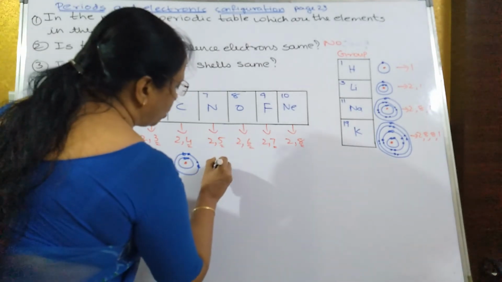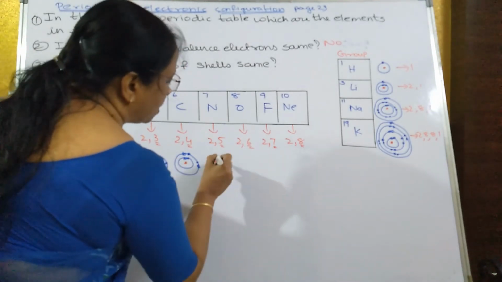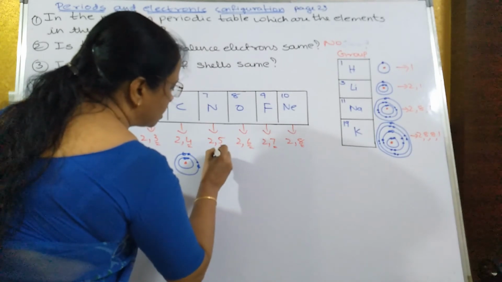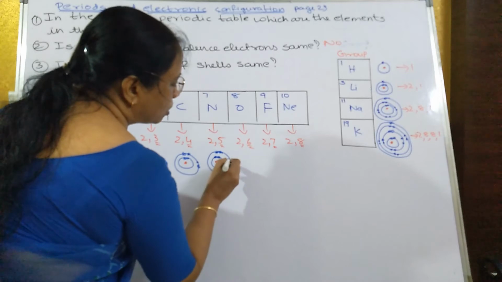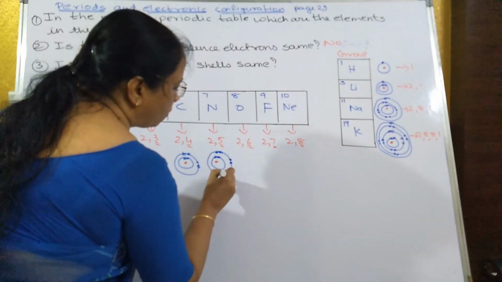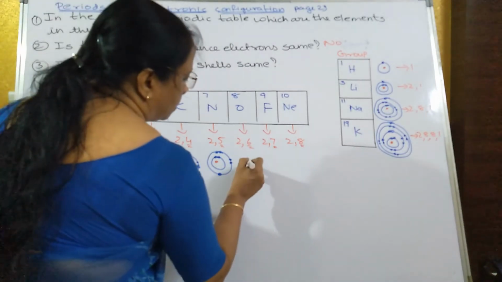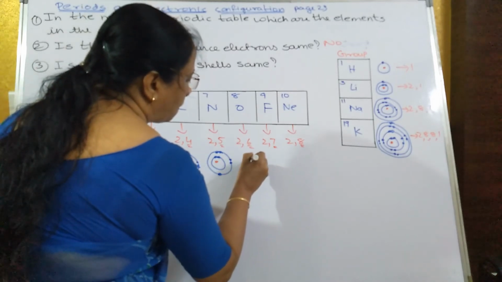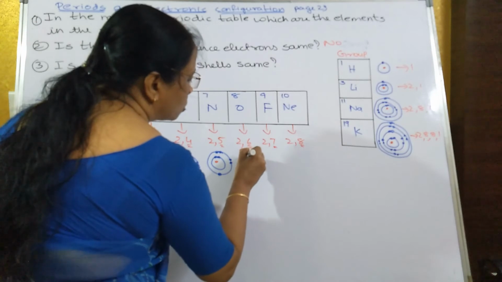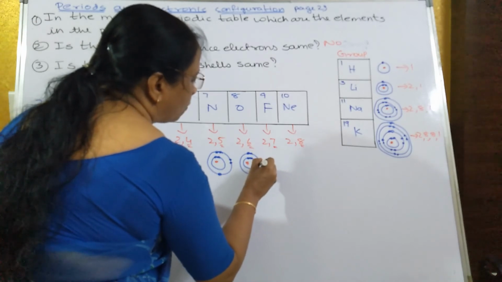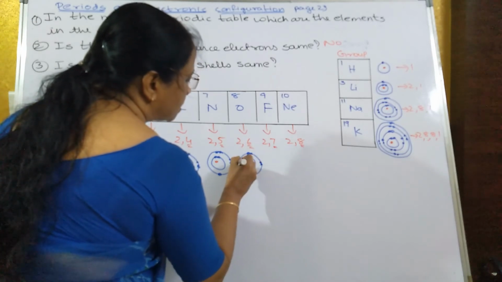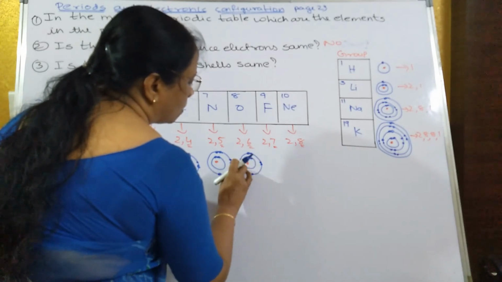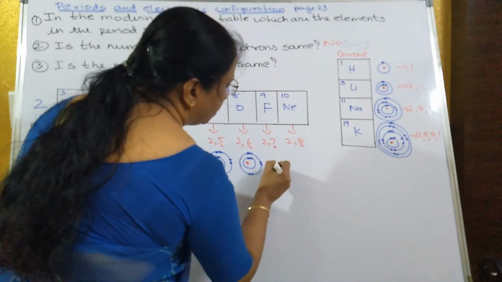Next one, 2, 5. So in the first shell 2 electrons are there, and in the next shell 5 electrons are there. 1, 2, 3, 4 and 5. Next one, first shell 2 electrons, and in the next shell 1, 2, 3, 4, 5, 6, only 6 are there. Next one, 2, 7.